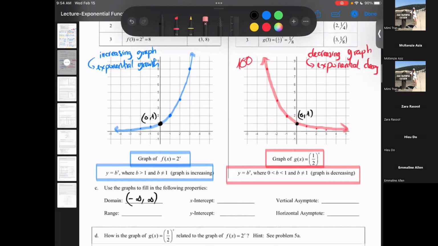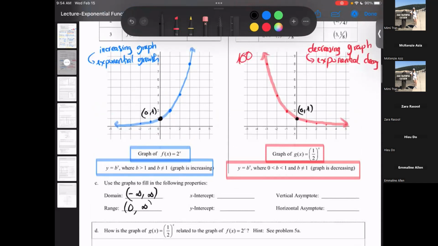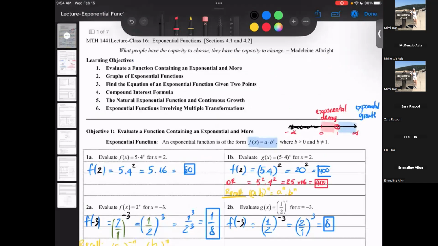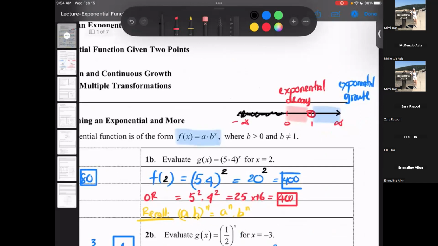So you hover above 0, you start at 0, you don't touch it, so we use parentheses, and it shoots up to infinity. Remember what I said in the beginning? That's the range, from 0 to infinity.